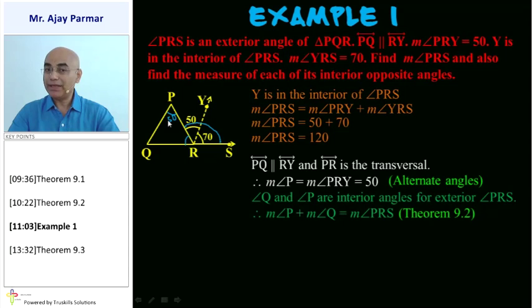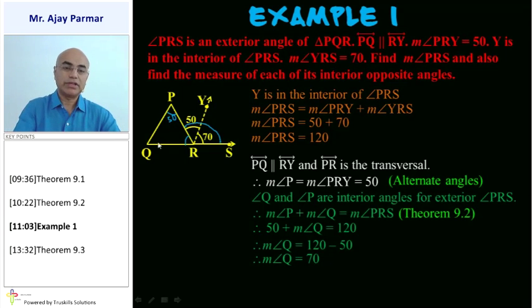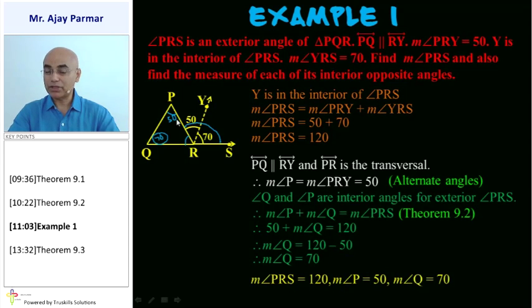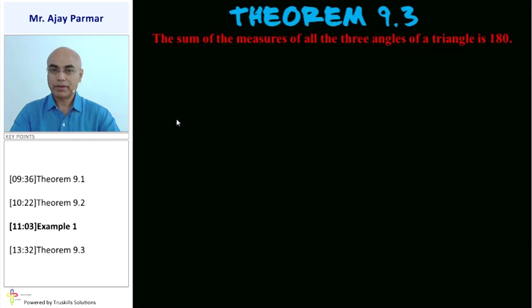We know P is 50, plus Q, and measure angle PRS is 120. So measure angle Q is 120 minus 50, and that is 70. So we have found the measures of the interior opposite angles. One of them is 50 and the other one is 70. So the three answers that we require are: measure angle PRS is 120, measure angle P is 50, whereas measure angle Q is 70.